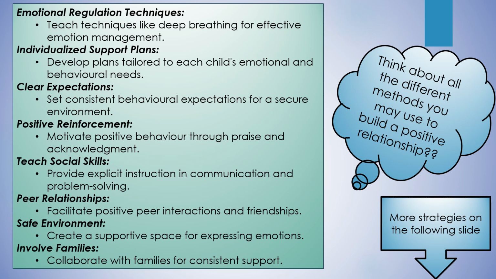That's going to teach them how to emotionally regulate. We're obviously going to implement these individualised support plans tailored to the young person's needs. We're going to be clear with our expectations, ensuring that there is a level of consistency throughout the team, especially around their behaviour. Positive reinforcements.